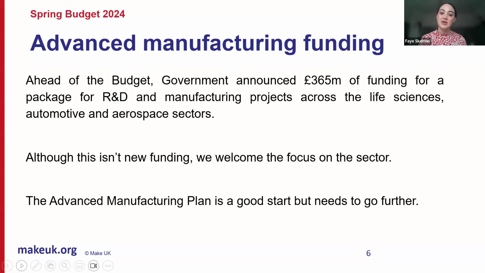When it wasn't a business-focused fiscal statement, I think we would welcome the focus on the manufacturing sector. More broadly, in the week of the autumn statement, the government announced and published its advanced manufacturing plan, which Make UK welcomed. It's definitely a good start, but I think the word there is start. It is not a long-term plan.